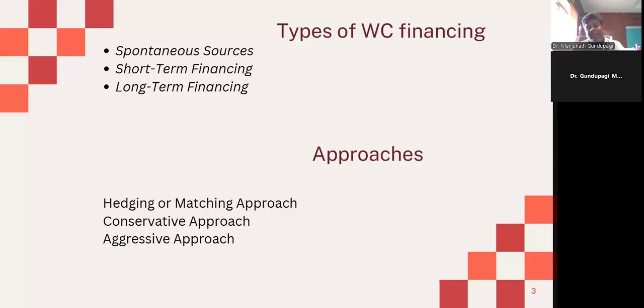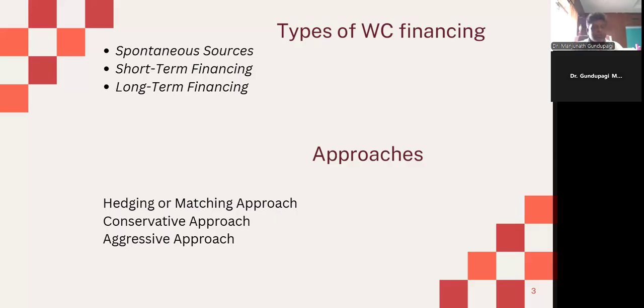One of the major advantages of long-term financing is financial stability, and the firm can also reduce the liquidity risk. But there are certain limitations also, because long-term financing is available at a higher cost and has a limitation like less flexibility.